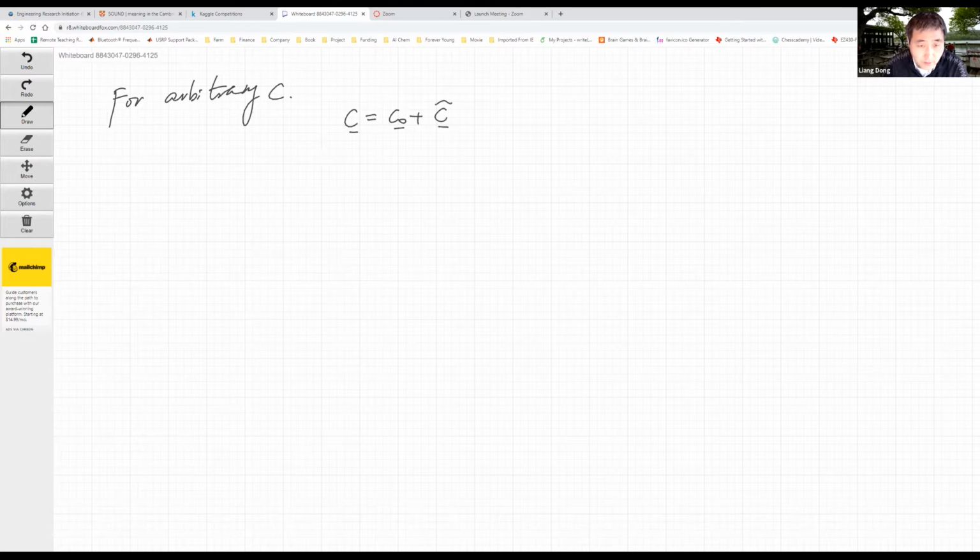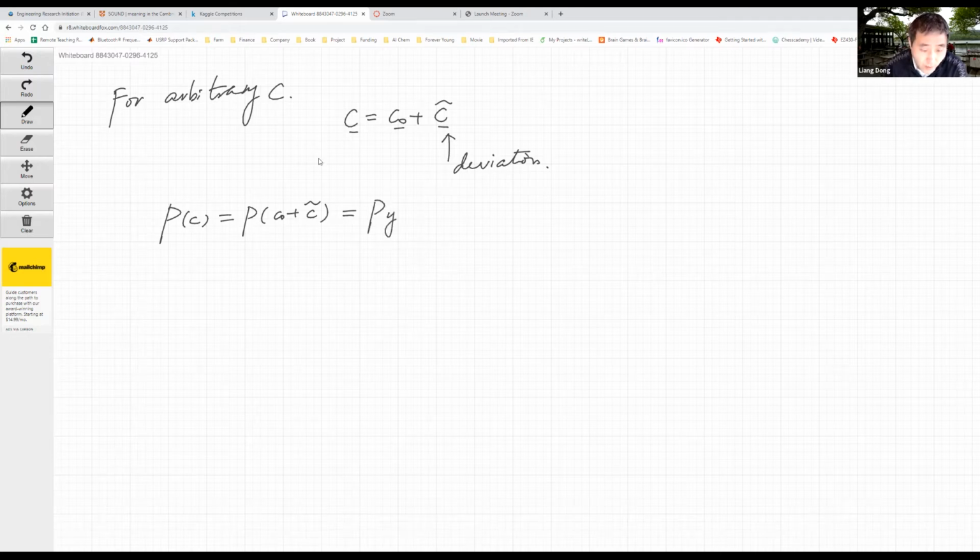This c tilde is also a vector, the deviation from the best solution. Right? We plug this into our mean square error equation. Now we have c is c0 plus c tilde. Again, these are vectors. Let me write it without the underscore, but we know it's a vector.